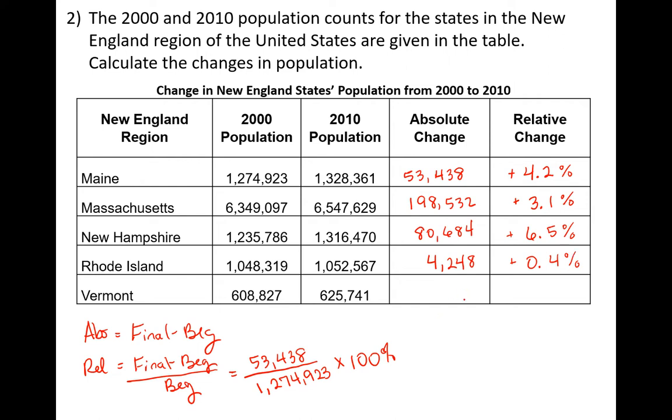That gives me an absolute change of 16,914, or about 2.8%. Okay, I don't know if we need these on the next page. I'm going to jot them down just in case.